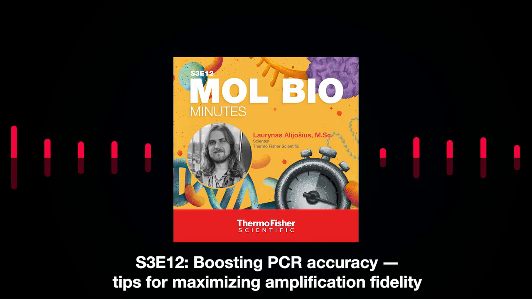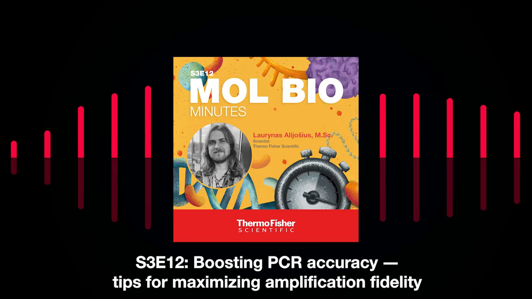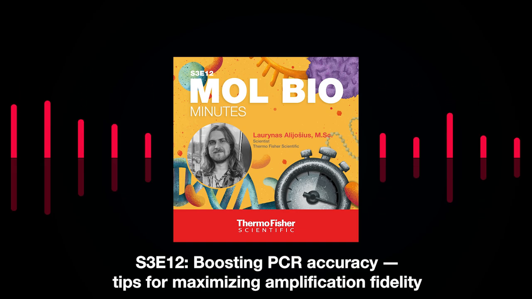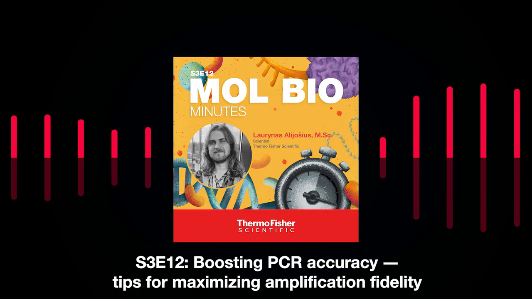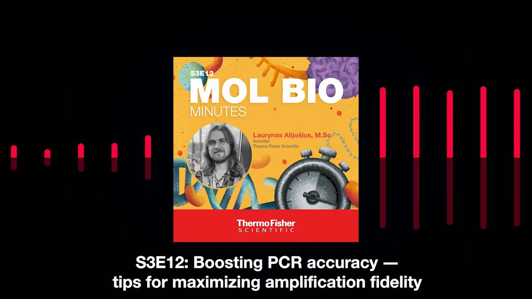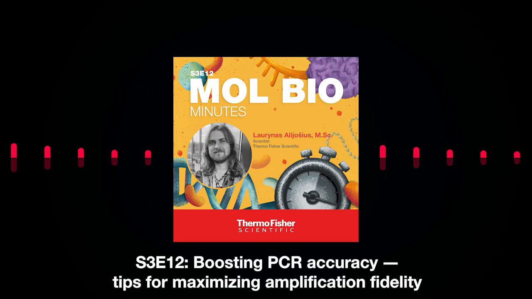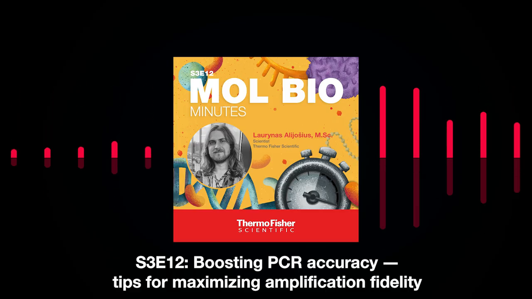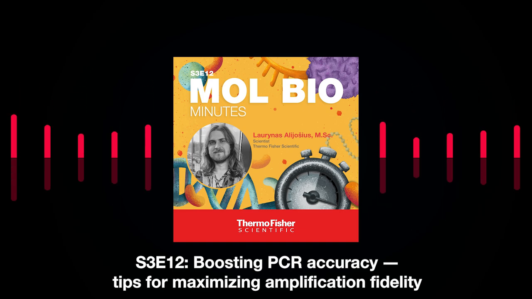Or if you perform too many cycles for your PCR, that can result in accumulation of errors, and there will also be a higher chance of non-specific amplification in the later cycles. Another thing to be mindful of is to avoid using low annealing temperatures for your primer annealing, because that can increase the chances that your primers will bind non-specifically, and eventually that could lead to some non-specific amplification too.